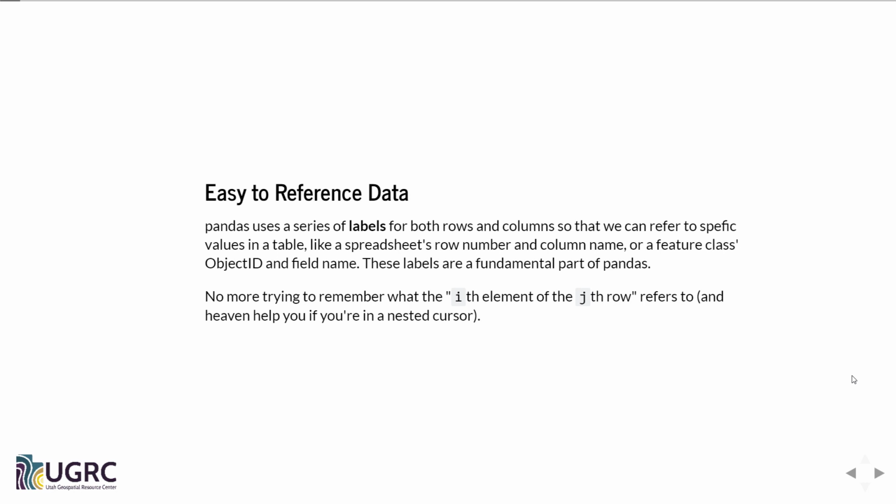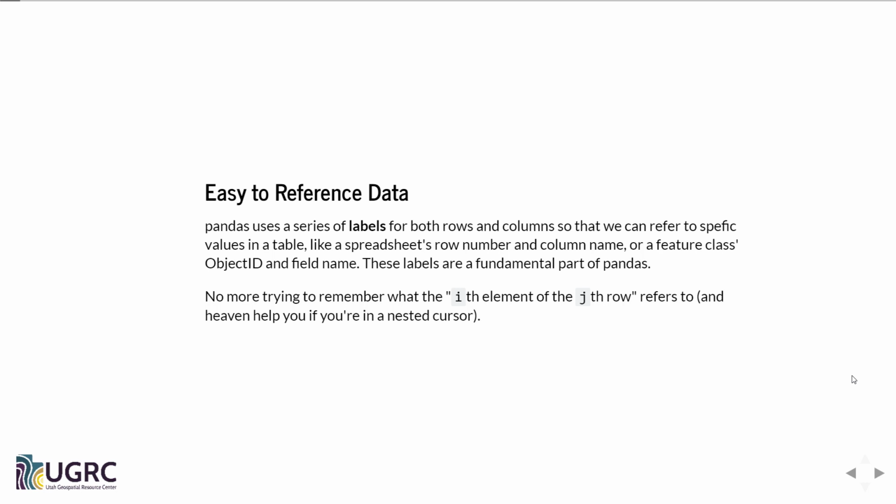In a traditional Python nested list, you've got a list within a list, a 2D array. You have to iterate through and say, for the ith row or for the ith element of the jth row, and it gets really complicated to remember which one you're actually operating on. And heaven help you if you're using a nested cursor and you have to remember what element, what row.